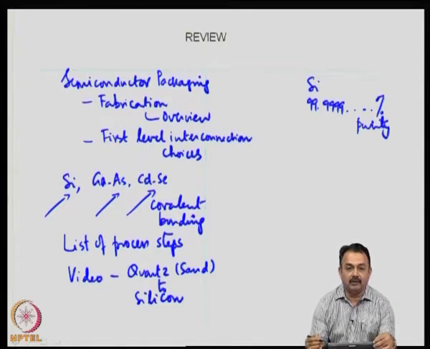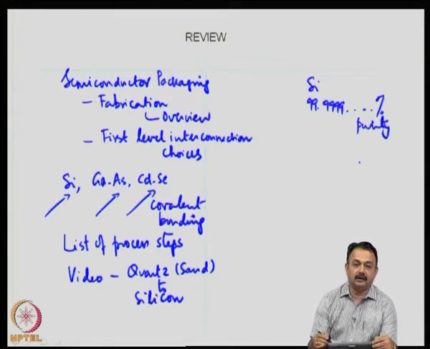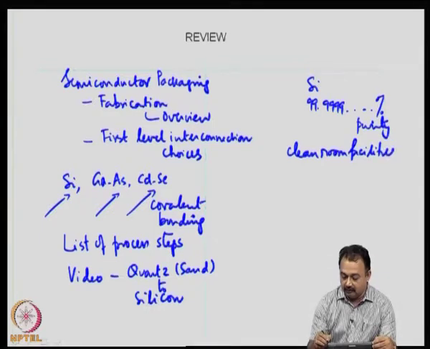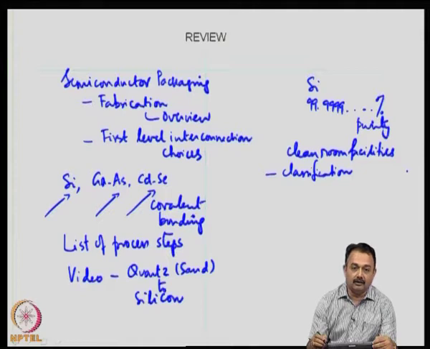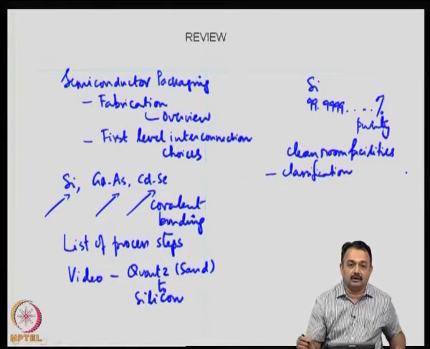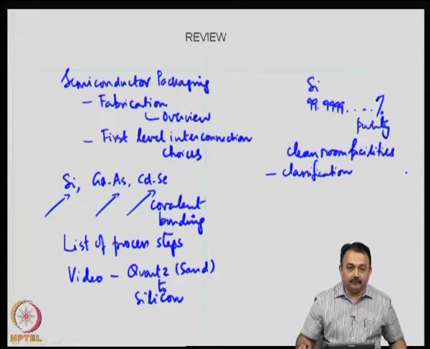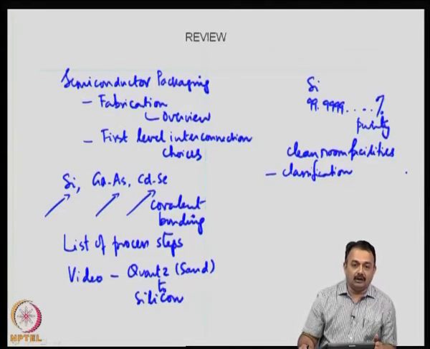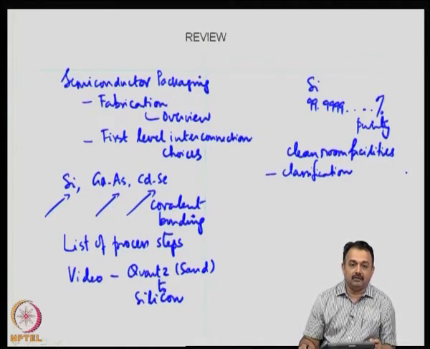And we also talked briefly about the environment in the manufacturing setup, especially with regard to clean room facilities. I hope you can remember that we talked about various classifications for clean room like class 1, class 10, class 100, class 1000 and class 10,000 and what each of it denotes. For example, class 1 would denote 1 particle per cubic feet having a particle size of around 0.5 microns.